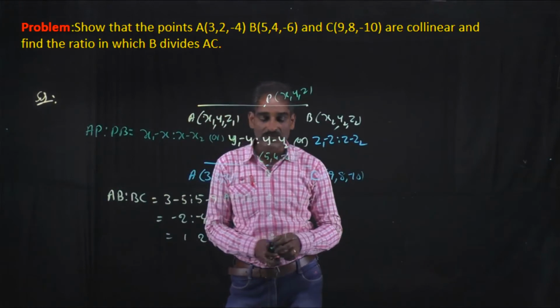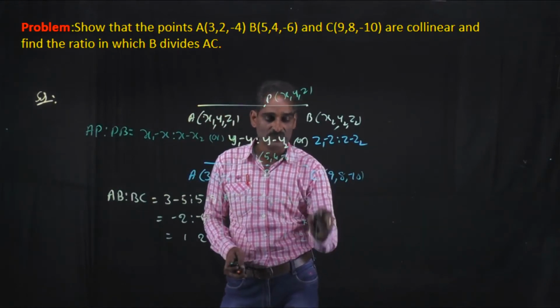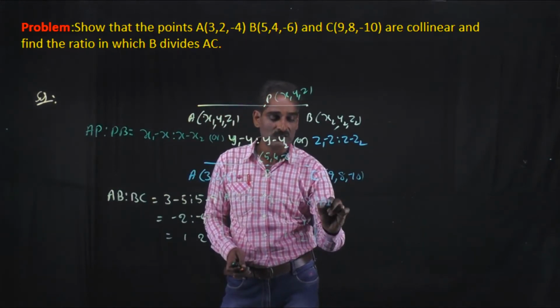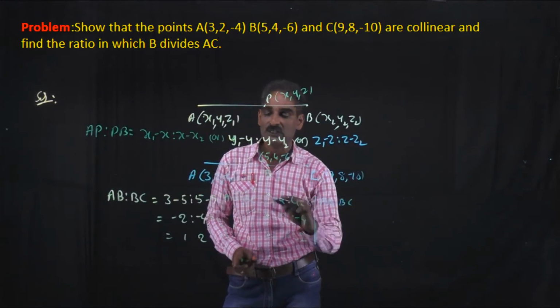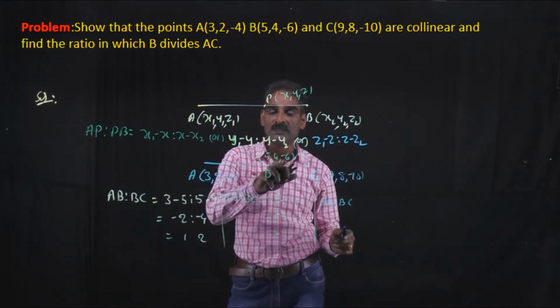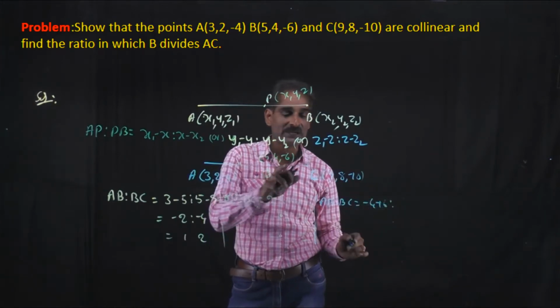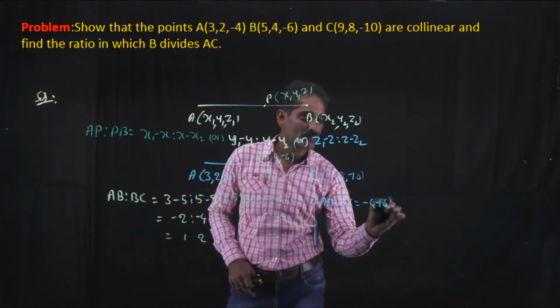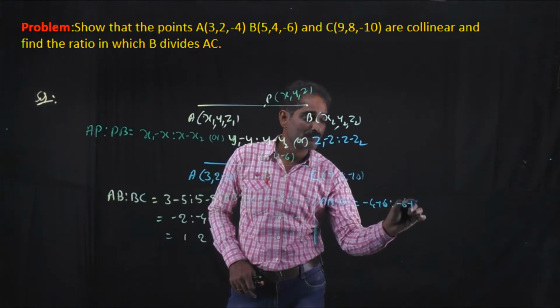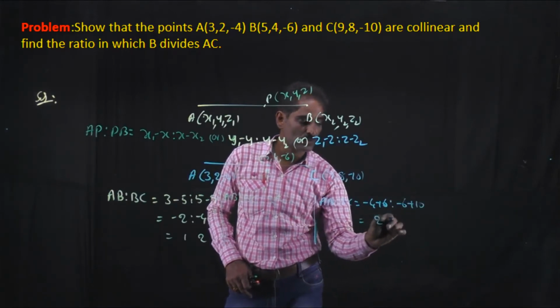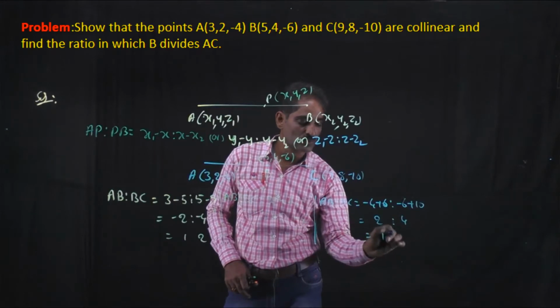Next, find out the same ratio AB is to BC with respect to the z coordinate. Minus 4 plus 6 is to minus 6 plus 10, that is equal to 2 is to 4, that is equal to 1 is to 2.